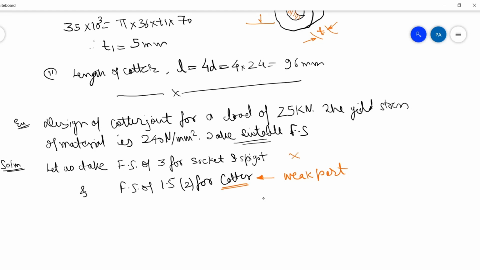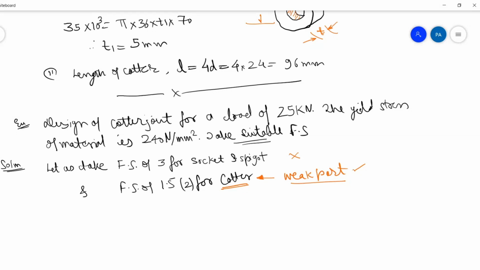If at all anything fails, then it should be Cotter. So we are designing Cotter as a weak part because we want that socket and spigot should not fail. What should fail is only Cotter, because Cotter is a part which can be easily manufactured and easily replaced.